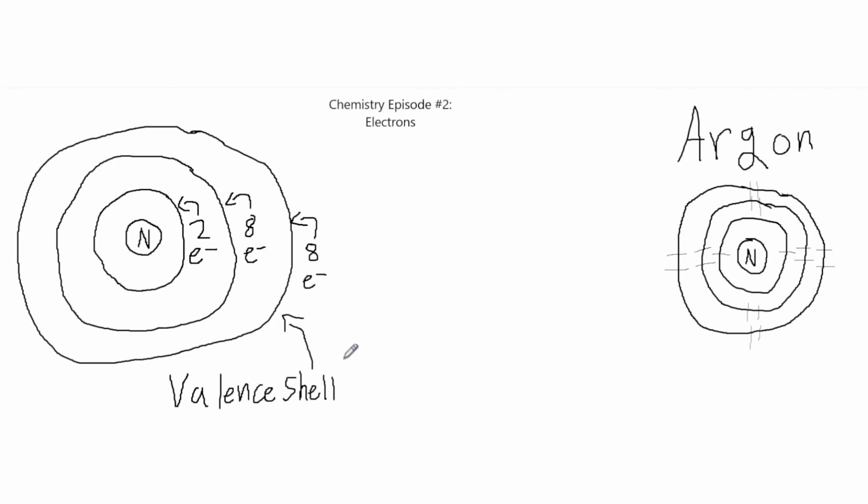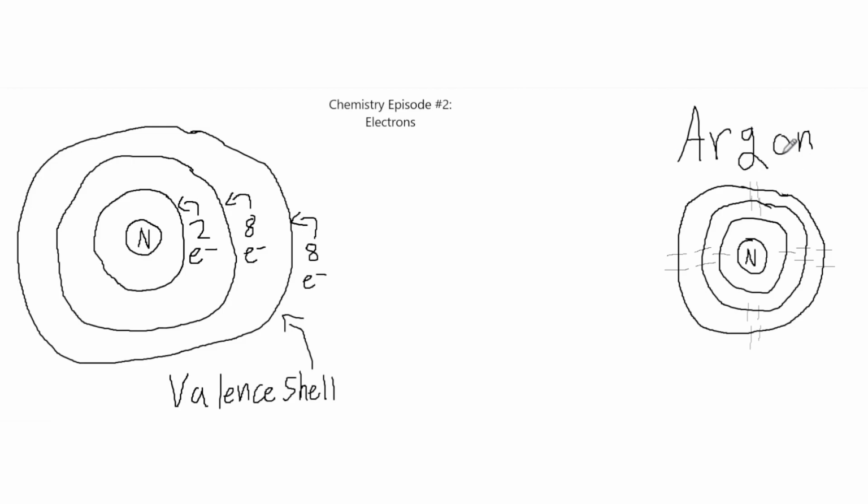And the electrons inside the valence shell are called valence electrons. So for argon, all of these would be valence electrons, right? Here, here, here, here. So elements bond with other elements to complete their outermost shell, right?